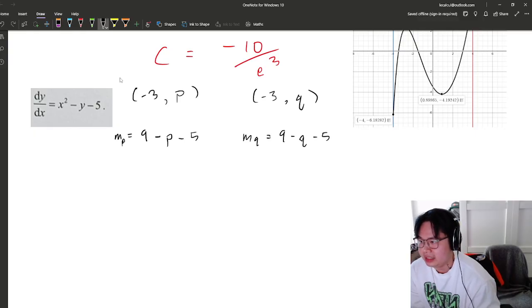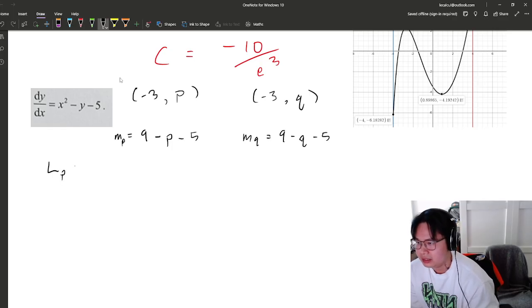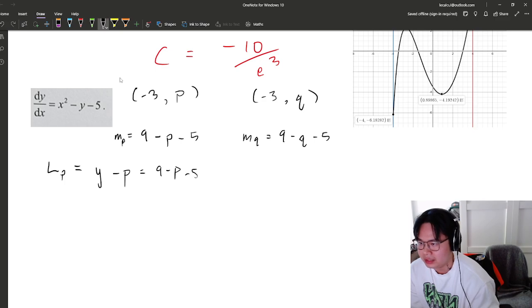This means that the line that goes through point P is going to be y minus p is equal to 9 minus p minus 5 times x plus 3. This is point-slope form.